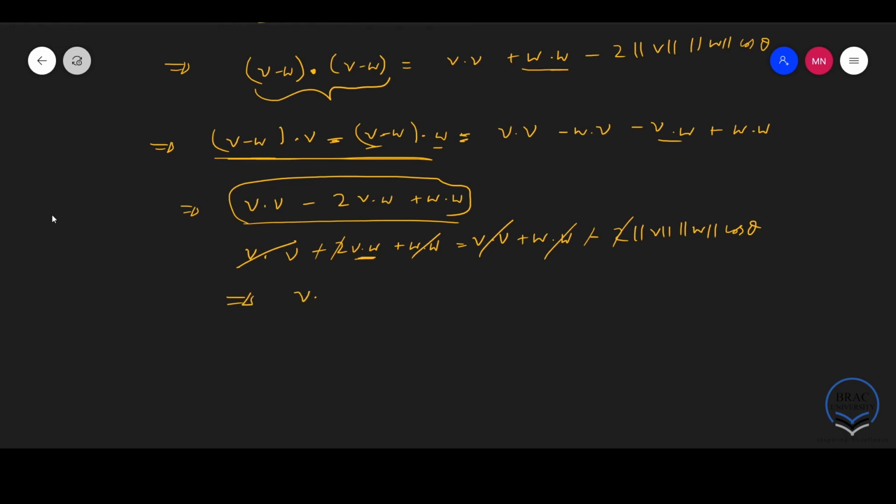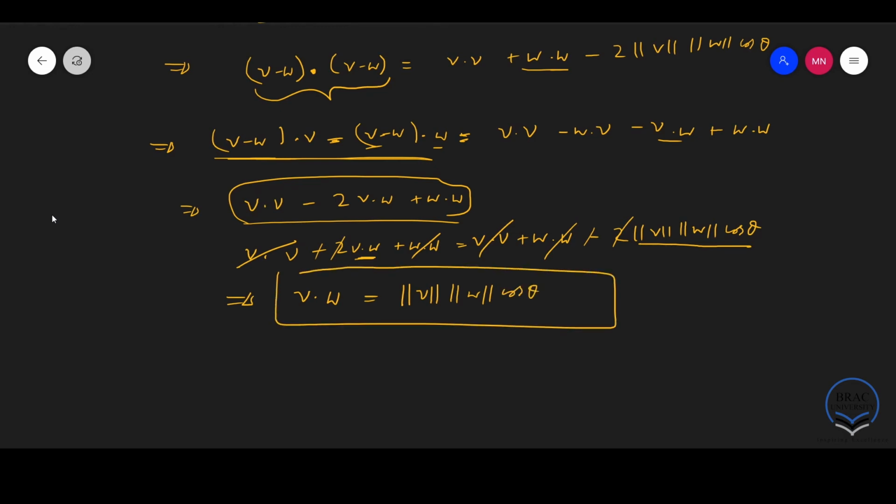So we have V dot W equal to the magnitude of V times the magnitude of W times cosine of theta. Right, so we are left with this equation here.